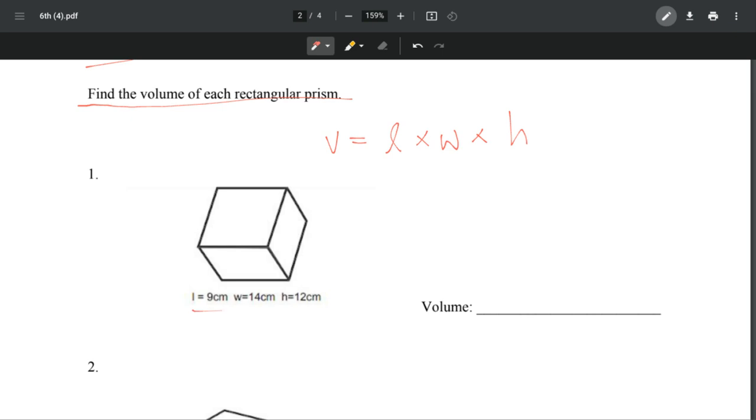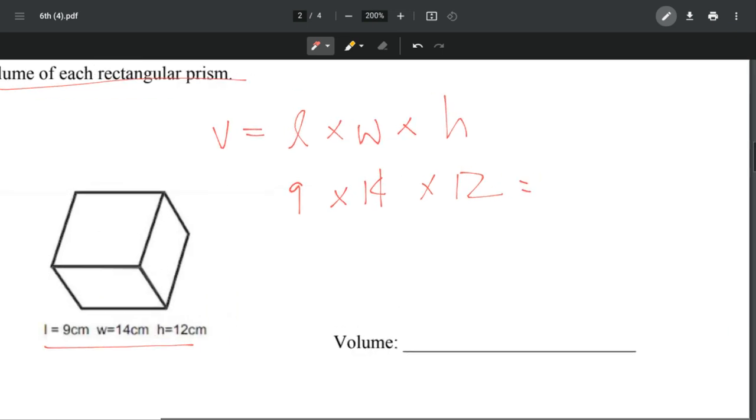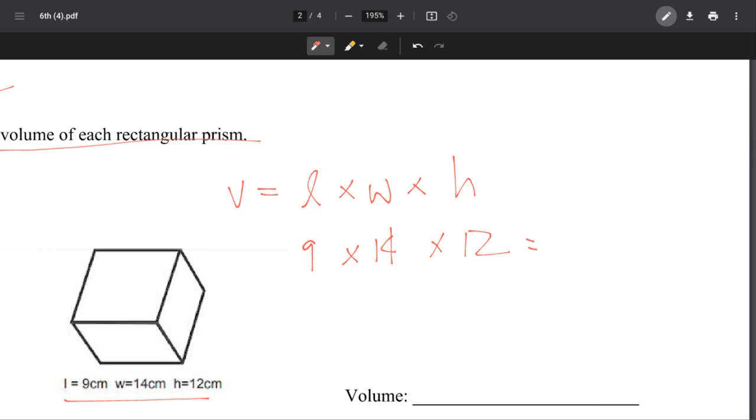And again, this week we are given the measurements of each. For length, it's 9 centimeters, 14 centimeters, and then 12 centimeters for height. Okay? We multiply those 3 measurements together.